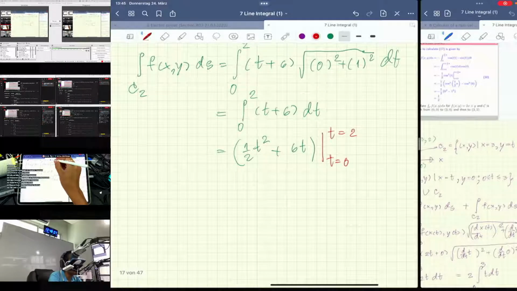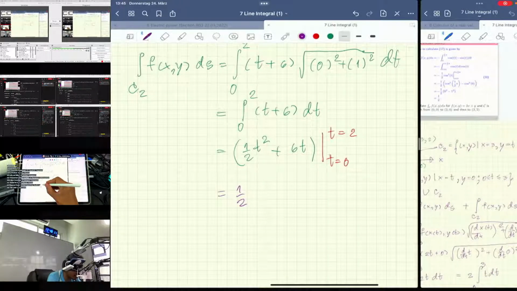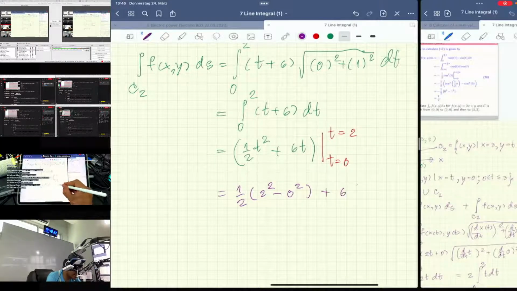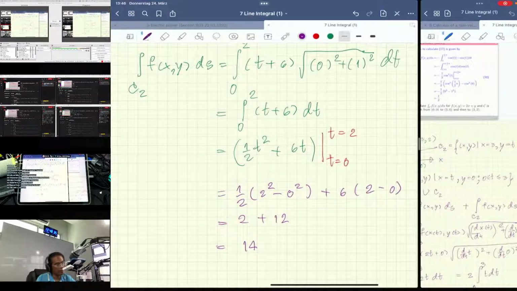Once you substitute, you're going to have 1/2 of 2 squared minus 0 squared, plus 6 times 2 minus 0, right? So it's going to be number 2 here, and plus 12. So the answer is 14, but it's not the final answer.